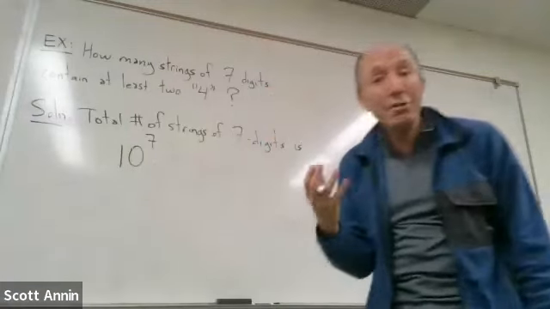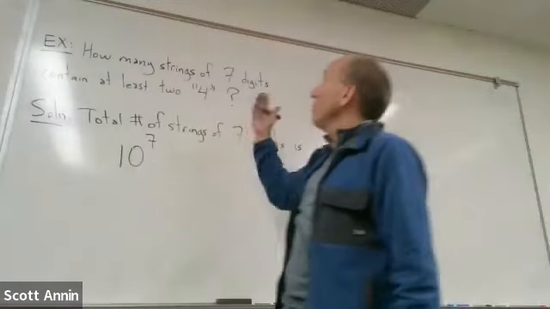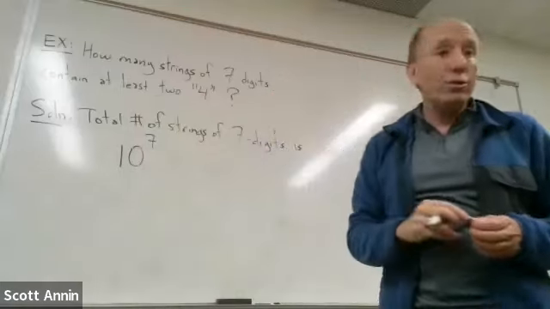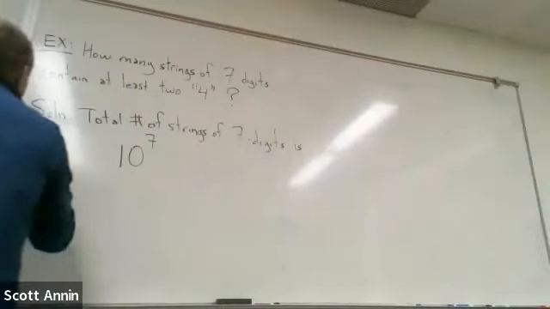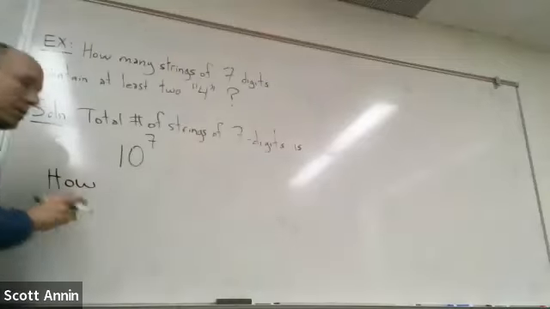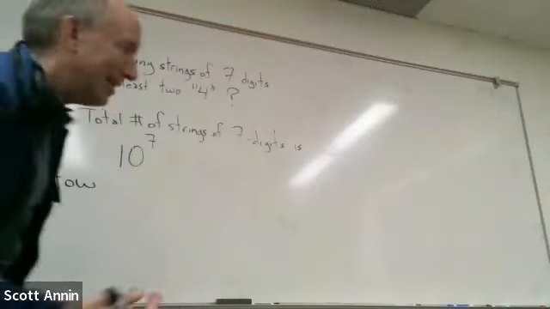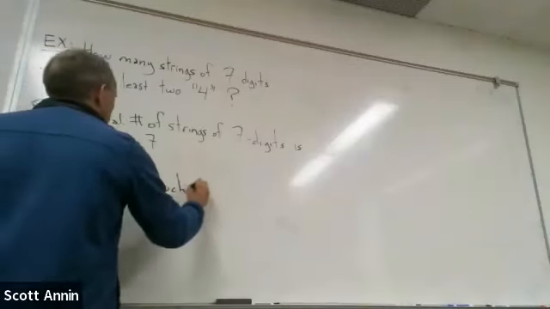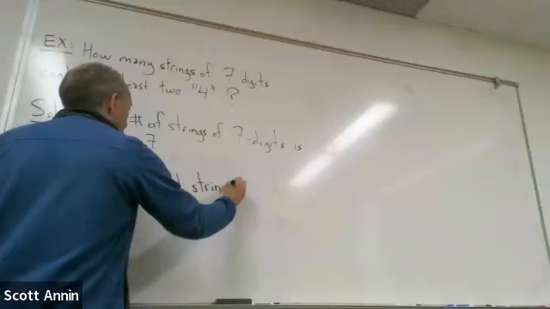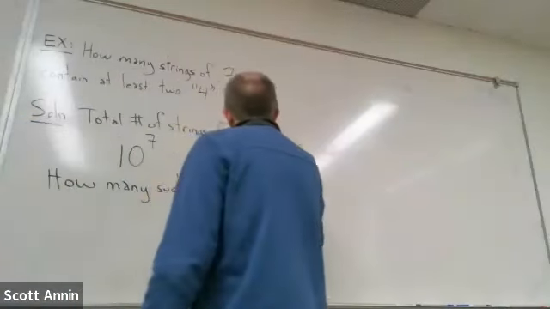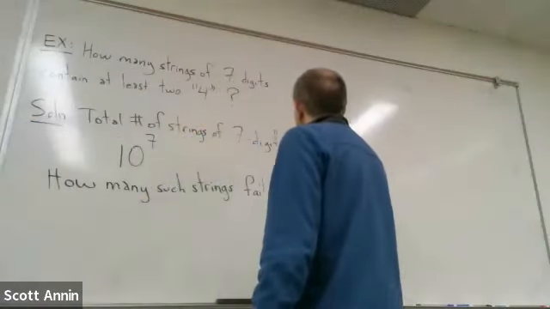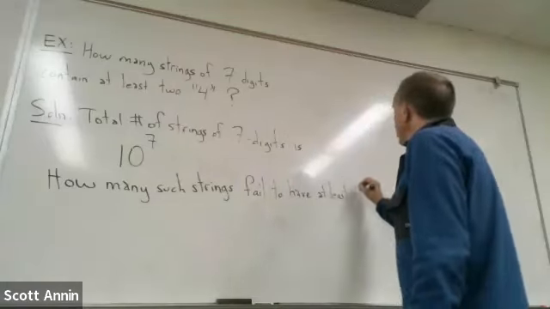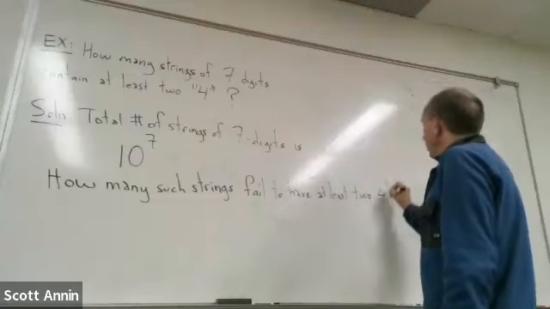But I want to now take away however many strings fail to have at least 2 4s. So that would be my question now, if I'm going to use the subtraction trick: how many such strings fail to have at least 2 4s?